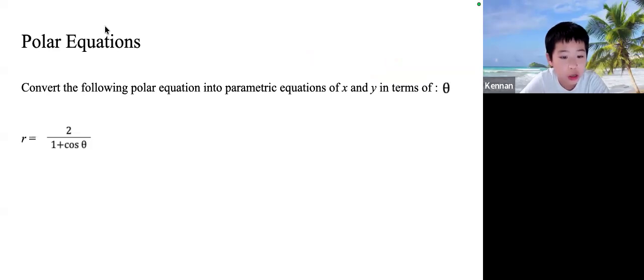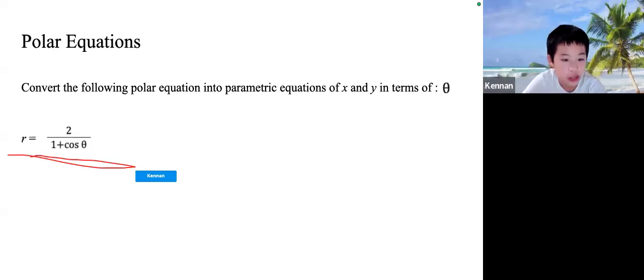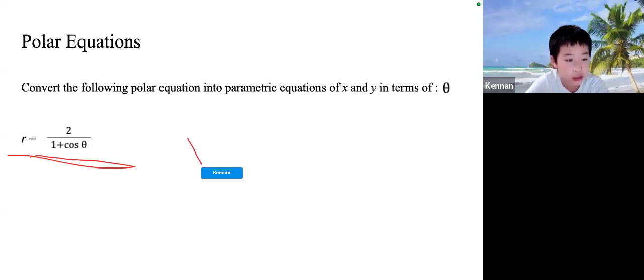So first we need to convert the following polar equation to parametric equations of x and y in terms of theta, and this is our polar equation. So anyways, remember, first of all, we had x equals r cosine theta.